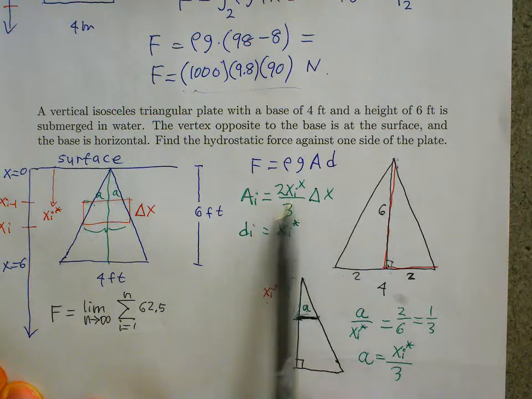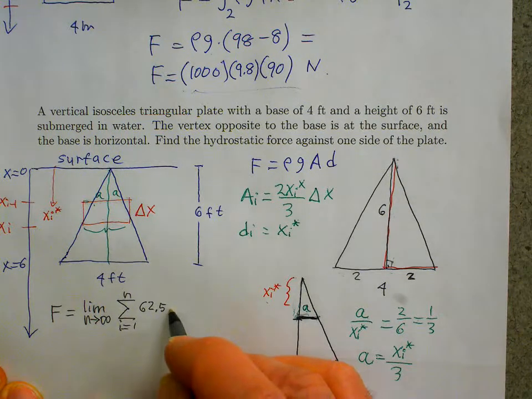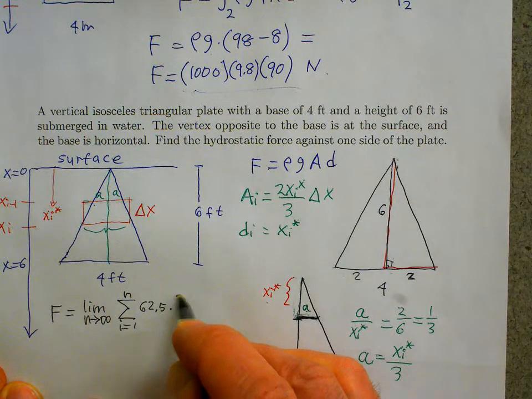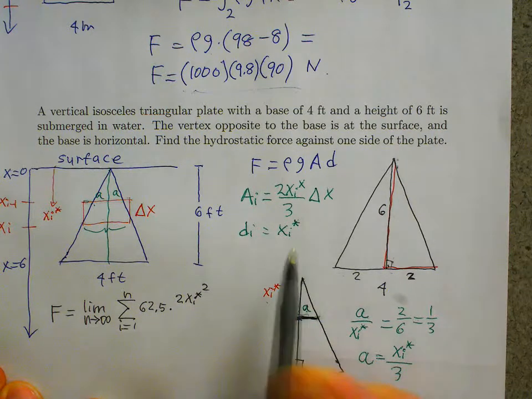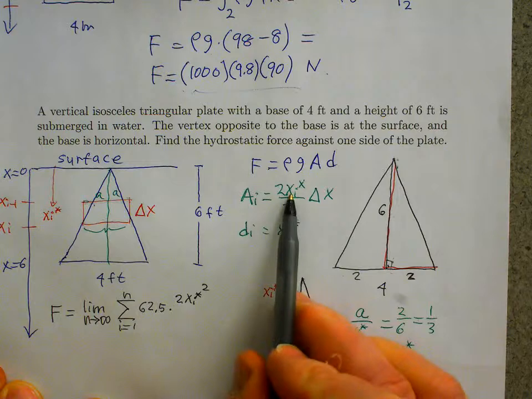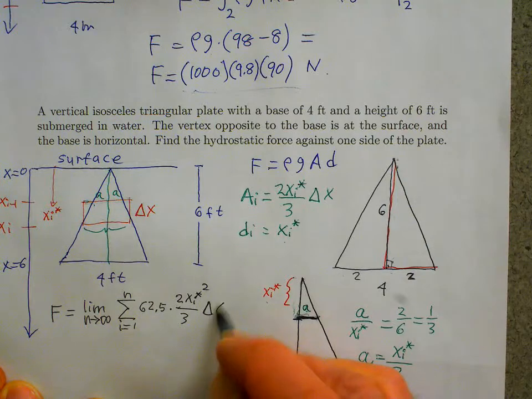And the area times depth, or the volume, is going to be 2 times x sub i star squared, because I'm just going to multiply x sub i star times that x sub i star, over 3 times delta x.